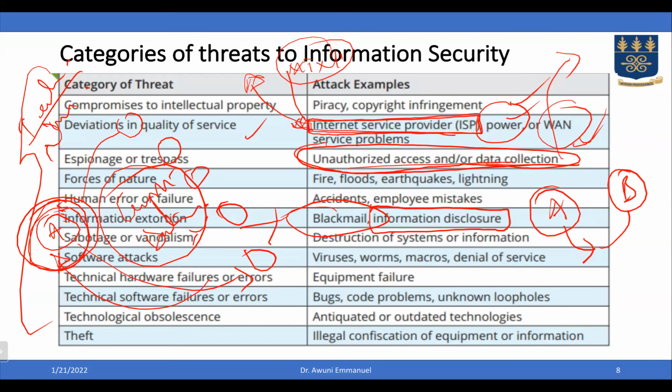So his interest is that he just wants your organization to run down. He's not interested in collecting money from you. But when it comes to blackmail, after confiscating it illegally, he demands that you pay a certain amount of money before he releases it to you. So there are two different things. I don't know whether I've been able to clear your confusion. So just confiscating it illegally, the interest may not be to take money.